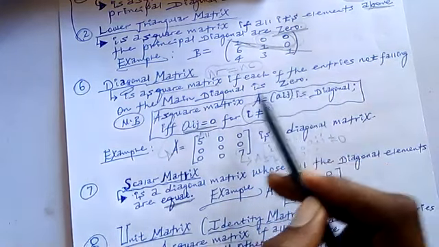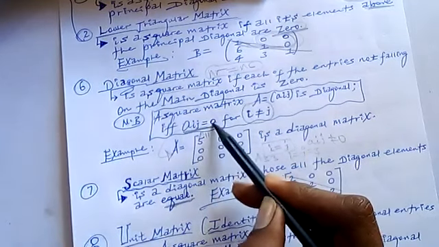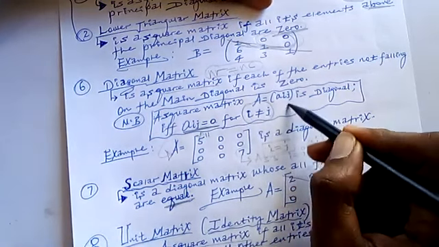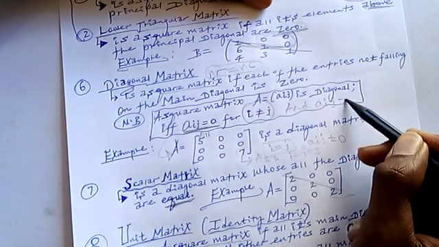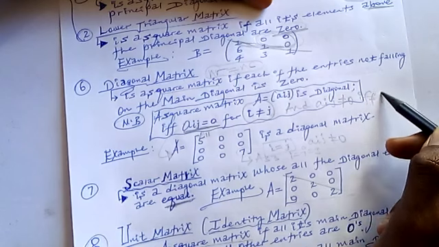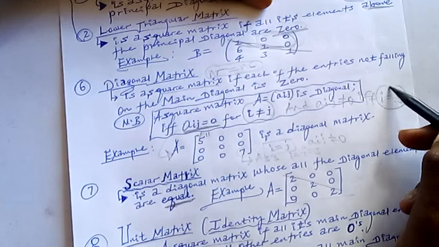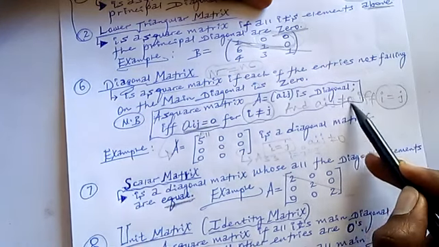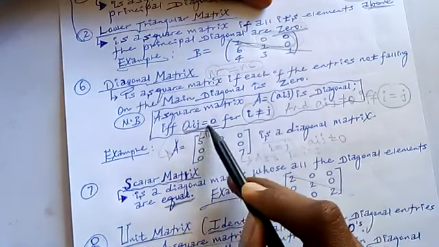In a diagonal matrix, this definition must always be true: Aij is equal to 0 for i different from j, and Aij is different from 0 if and only if i is equal to j.